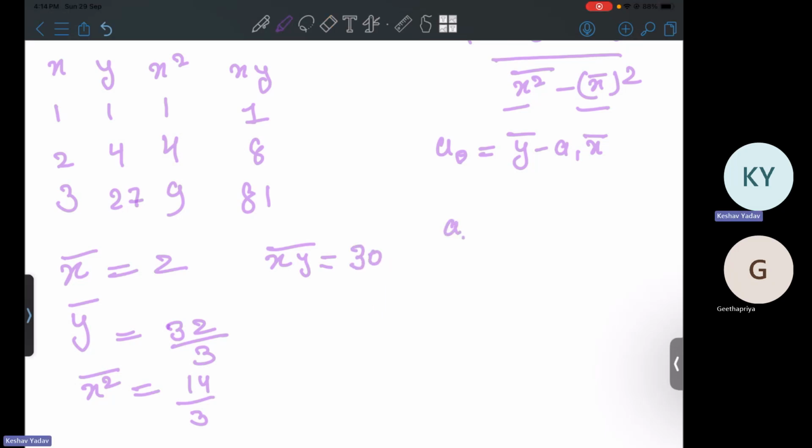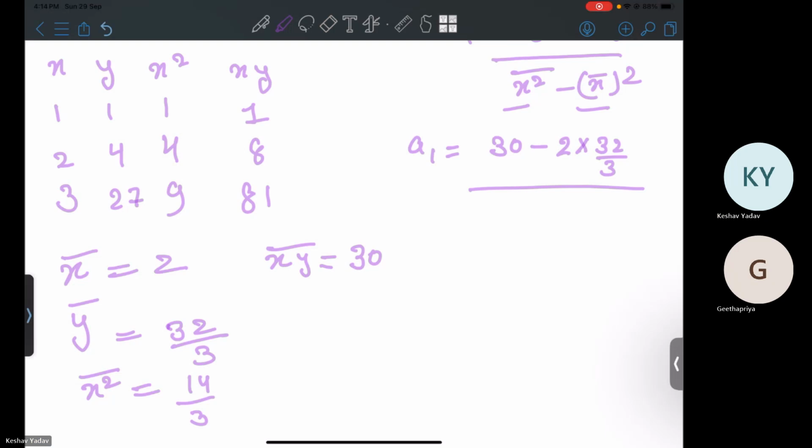So my A1 will be XY bar, 30, minus X bar Y bar. X bar is 2, Y bar is 32 by 3, divided by X square bar, which is 14 by 3, minus 4.